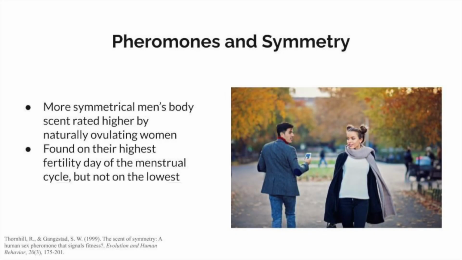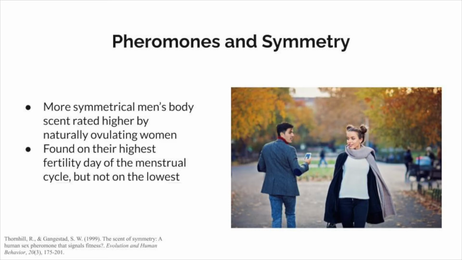So, to continue on to these ideas, it has also been suggested by Thornhill and Gangestad that pheromones may play a role in this as well, and that women may be able to detect and will prefer men with more symmetry simply by smelling their scent. So, a group of participants slept in a new shirt for 2 days, and once the shirts were returned, a group of the opposite sex rated the attractiveness of the scent and their photographs.